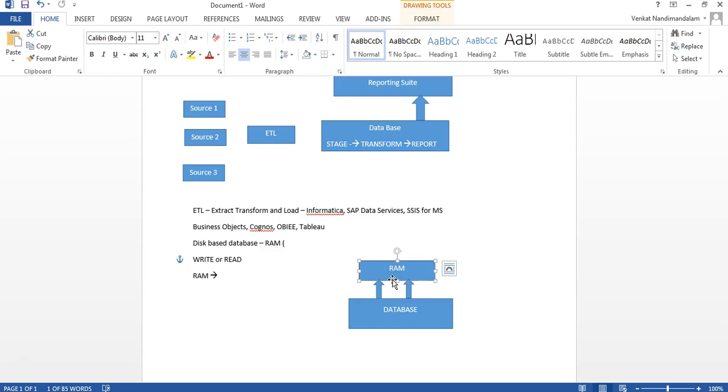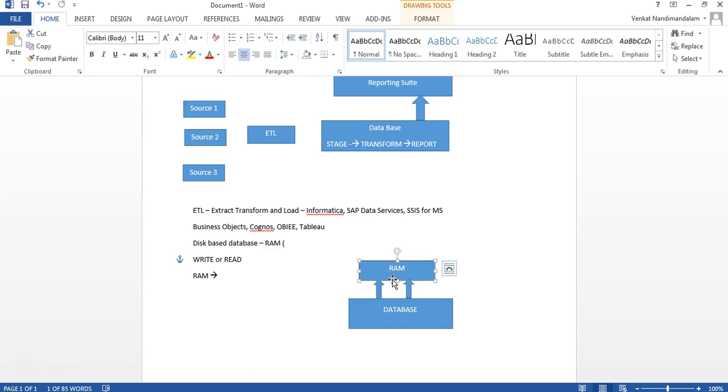Now we are in a world where you spend 20 bucks, you get 4 GB RAM, or you spend just 500 bucks, you get 1 TB RAM. So memory has become very cheap. In fact, the database price has become even cheaper.